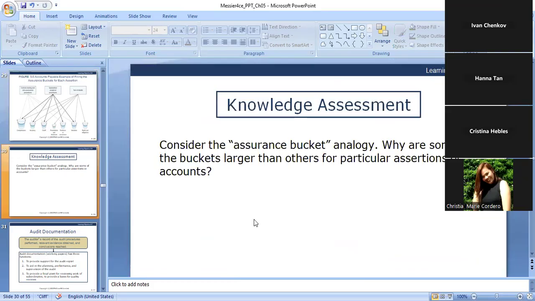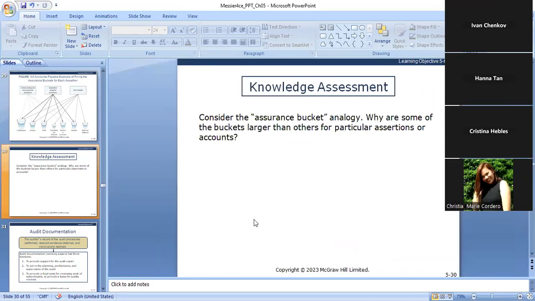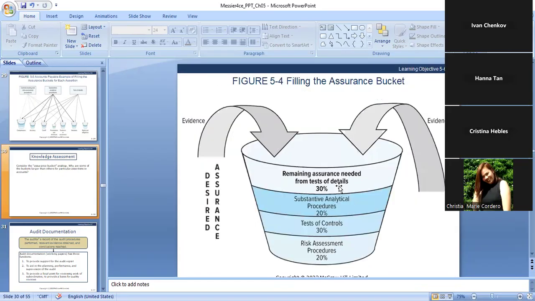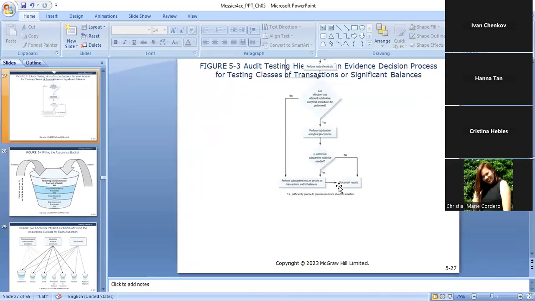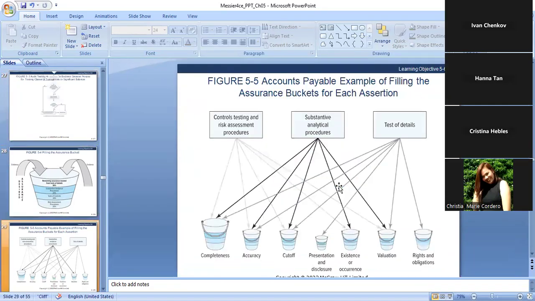Let's see this knowledge of assessment, what they're going to say. Consider the assurance bucket analogy. Why are some of the buckets larger than the other for the particular assertion and accounts? So here, once we see this chart, the question is, why are some of those buckets higher, some of them smaller?